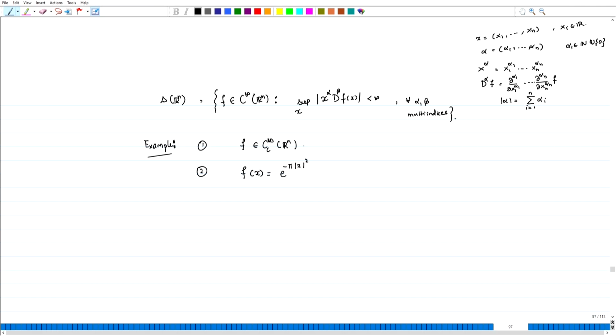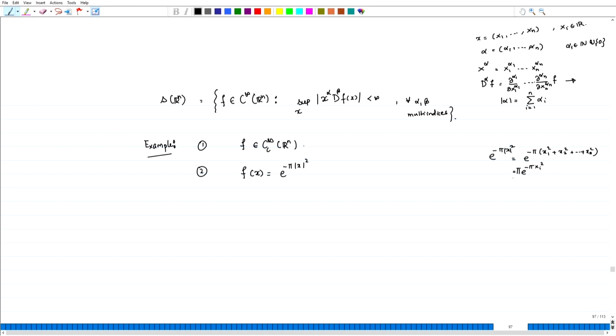If I am taking the derivative, then e to the power minus pi mod x square is equal to e to the power minus pi (x1 square plus x2 square up to xn square), which is the product over i from 1 to n of e to the power minus pi xi square.